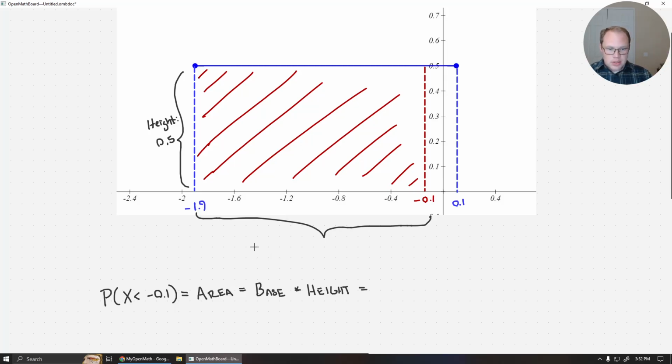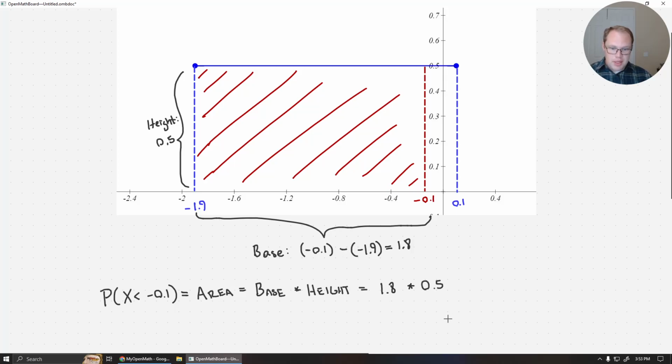How long is that? To calculate how far two numbers are apart, you take the bigger number, which in this case is negative 0.1. It's always the number further to the right. That's the bigger number. And I'm going to subtract the smaller number. Make sure you pay attention to your signs. It's minus negative 1.9. You've got a double negative there because the number is negative itself. You could throw that into a calculator, or it's simple enough that you could just calculate it in your head. That's going to be 1.8. So that's our base, 1.8, and our height is 0.5.